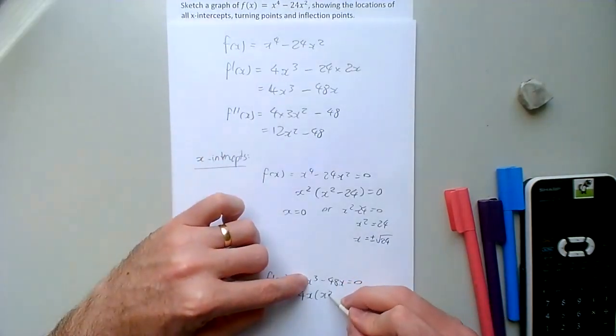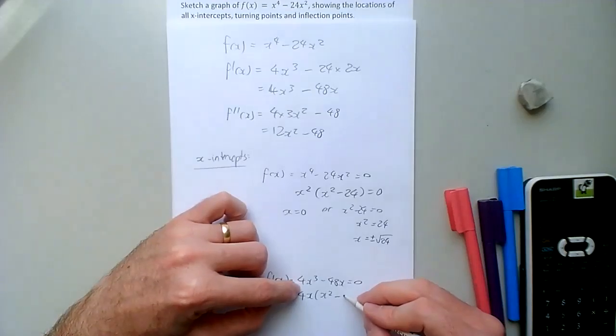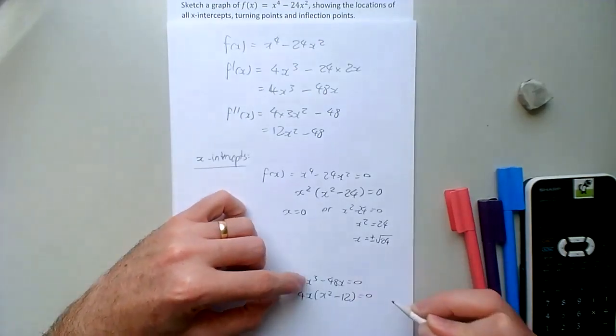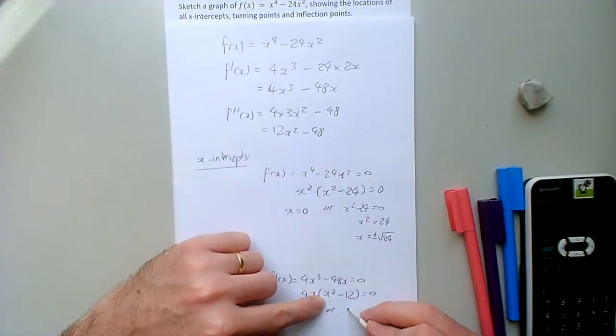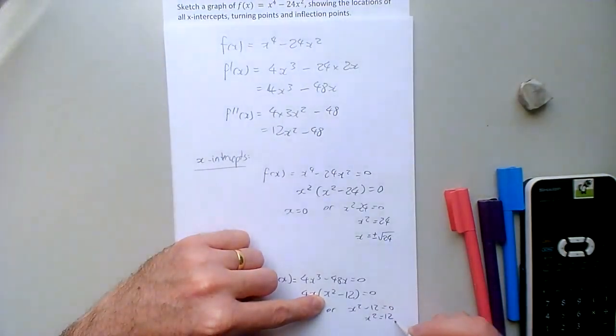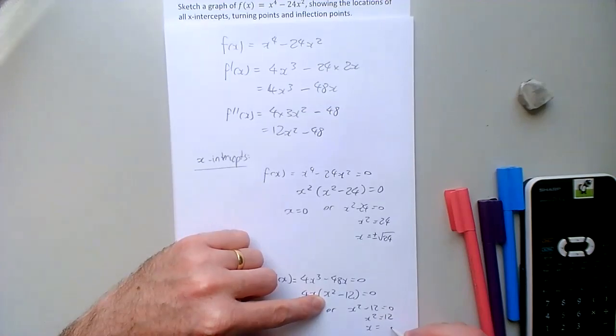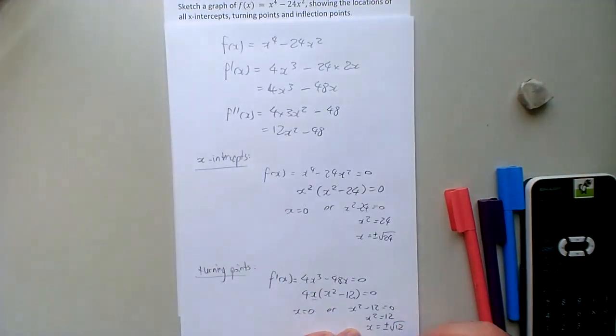And that leaves behind an x squared, and a 48 divided by 4 would be 12. Okay, so x could be 0, or x squared minus 12 is 0, which makes x squared equal to 12, which means that x is equal to the square root of 12 if x is positive, or it could be the negative one.